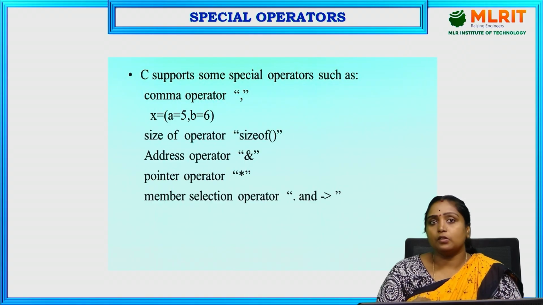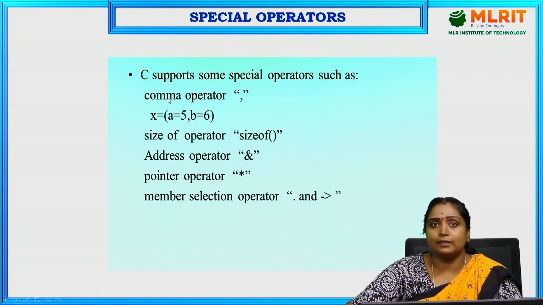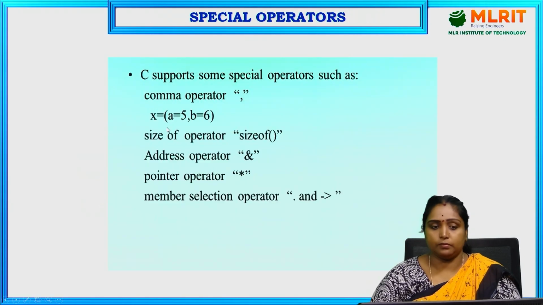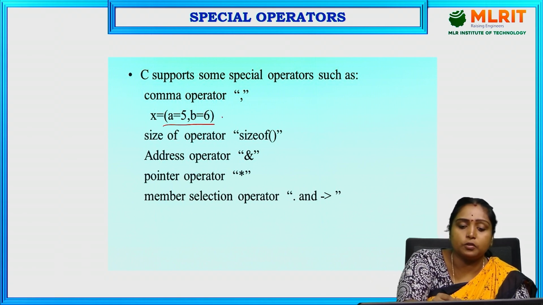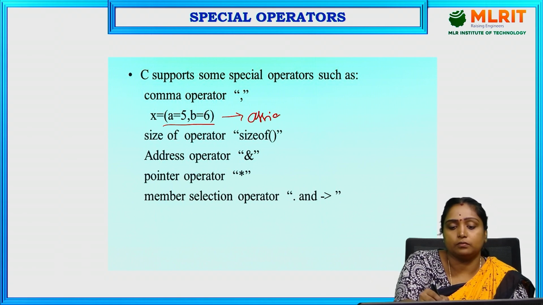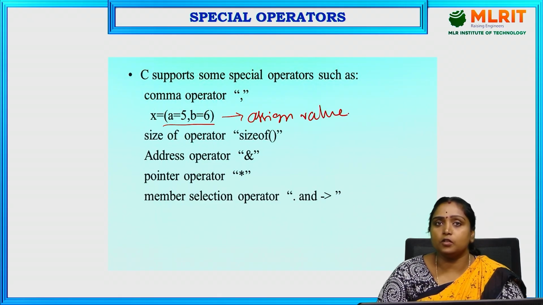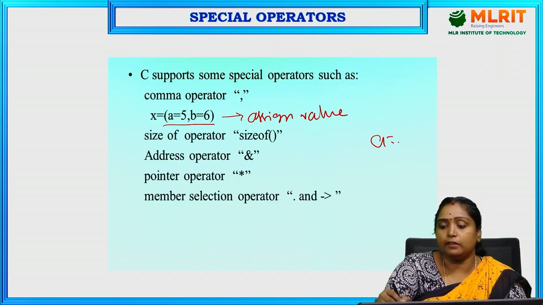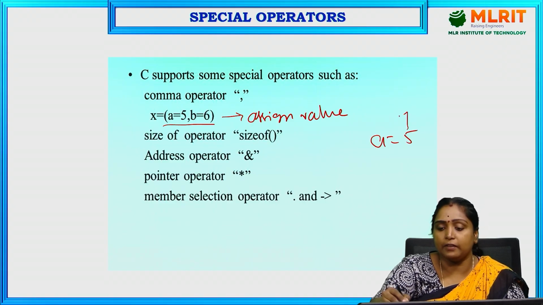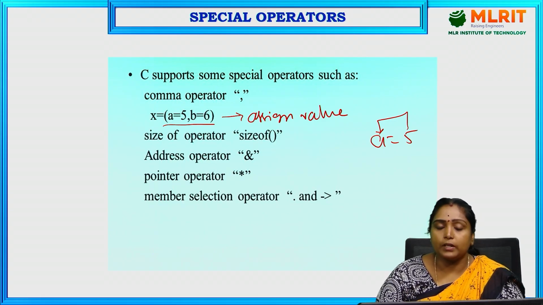Then the equals to operator is used to assign a value. If you want to assign some value, you have to use equals to. So when you write a equals 5, for example, the value 5 will be saved in a, not the reverse. The next operator is the sizeof operator.